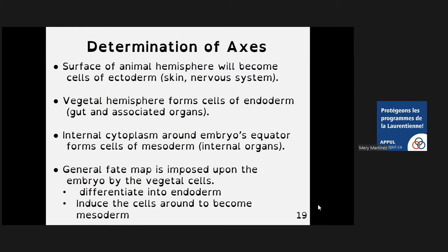The mesodermal cells form from the internal cytoplasm around the equator. So this general map normally is thought to impose upon the embryo and have 2 main functions. One is to differentiate into the endoderm, and the second one is to induce the cells immediately above to become the ectoderm.